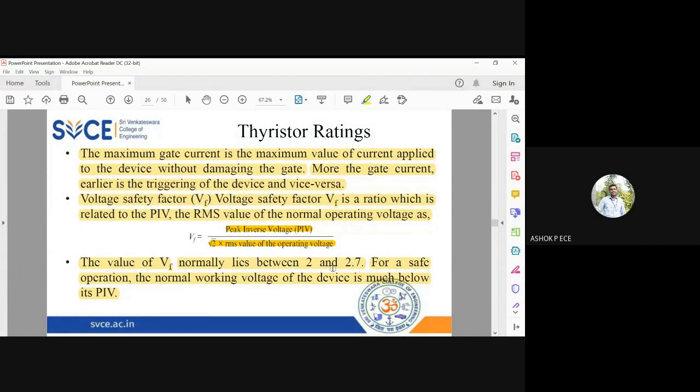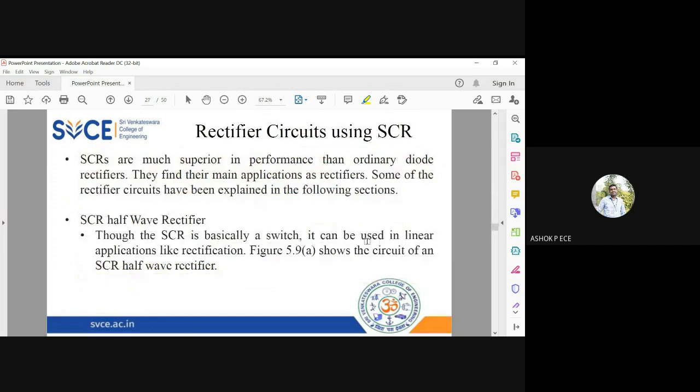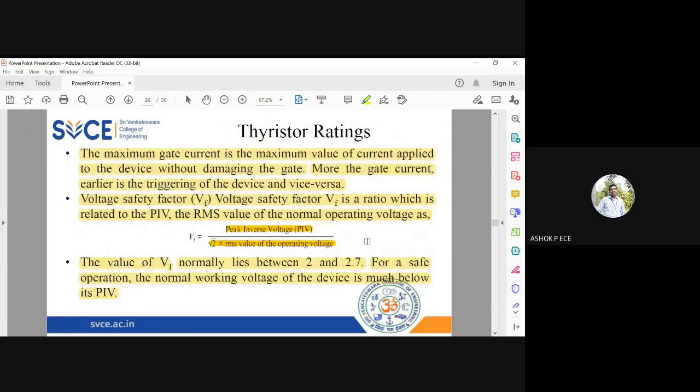Take the minimum limit, fix that as your threshold, and try to operate the device always below 2, the voltage safety factor. Peak inverse voltage is the reverse bias voltage which is applied to your device. So the voltage safety factor is the ratio of peak inverse voltage and the RMS value of operating voltage. And there are a lot of applications of SCR.